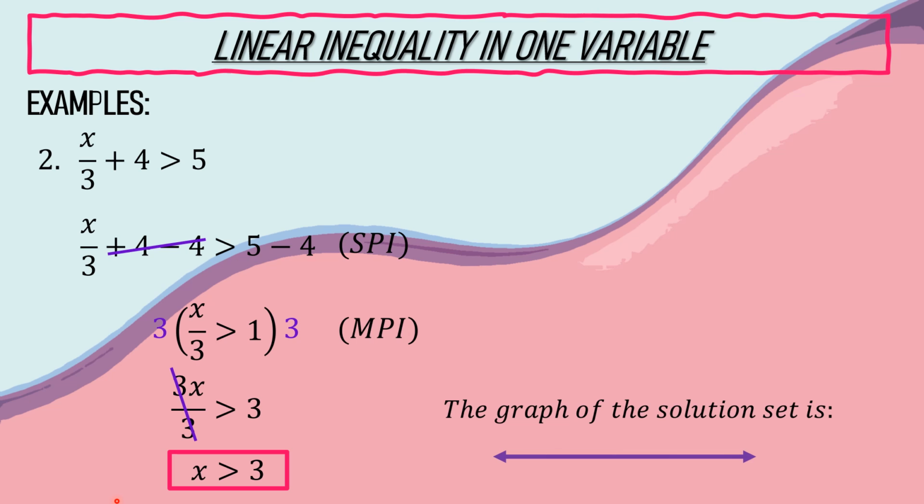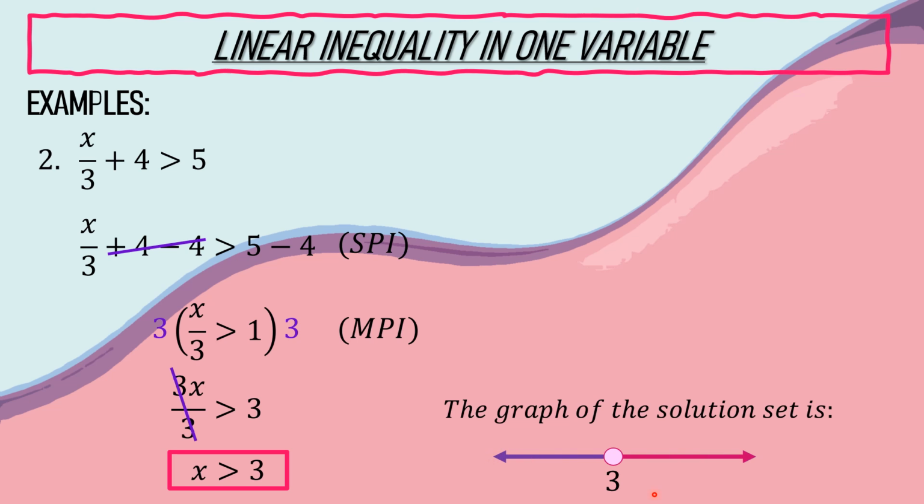So, mag-draw ulit tayo ng number line. Isulat natin yung nakuha nating possible answer for the value of x, which is 3. And then, since ang ating inequality symbol ay greater than, so that is going to the right. Tandaan, kapag greater than ang symbol, the line must be going to the right. Kapag naman less than, the line must be going to the left.